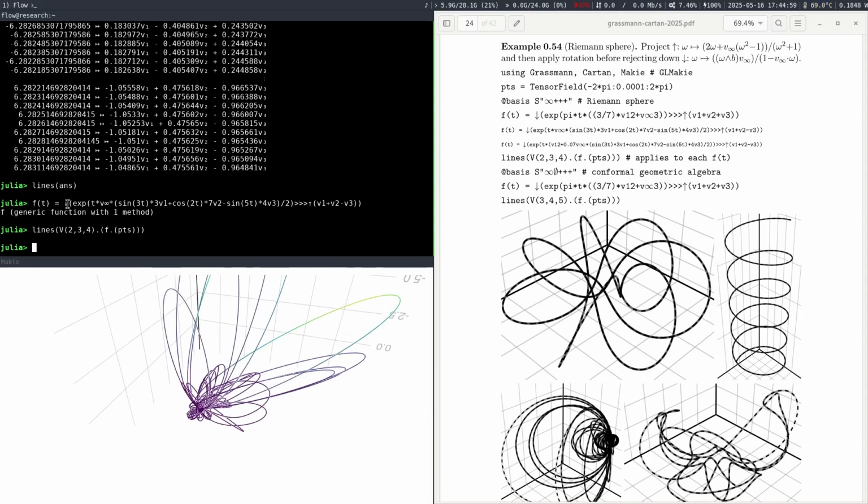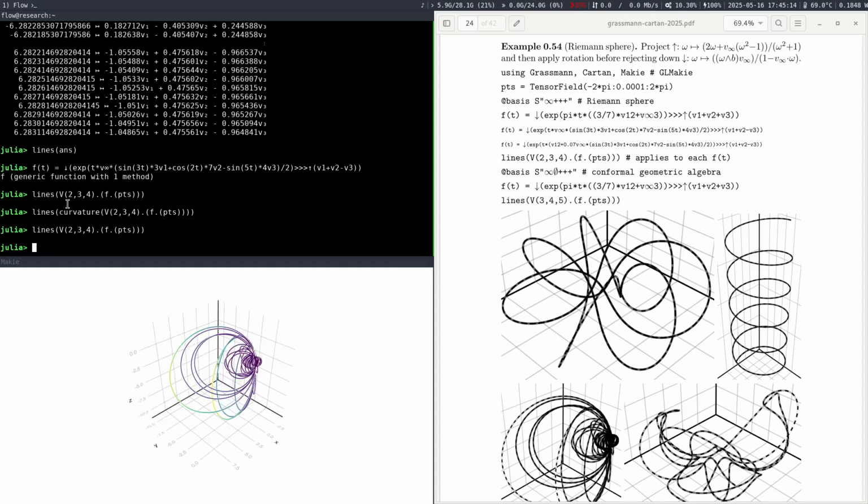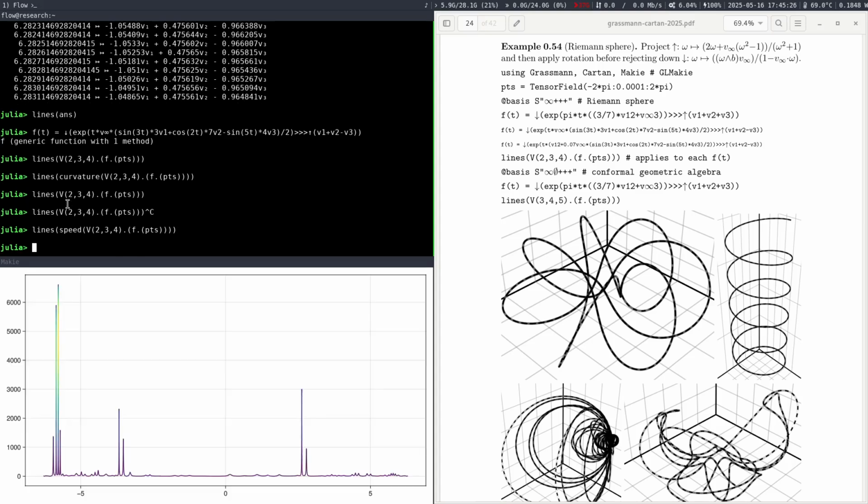Like let's look at the curvature of it. Or I don't know. May not be very interesting, yeah. Let's look at the speed at least. Yeah, so it goes very fast at some point. Very interesting. Okay. Yeah, this.